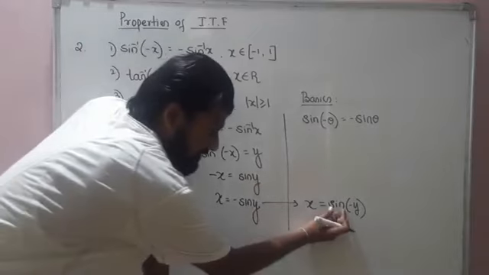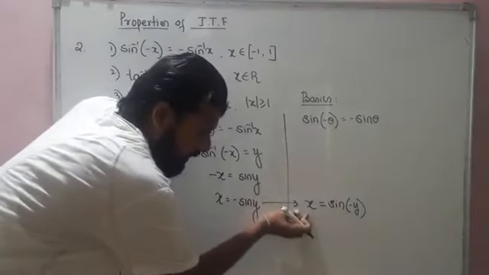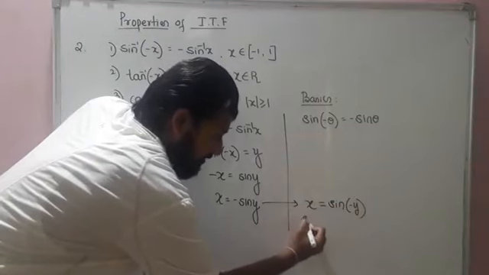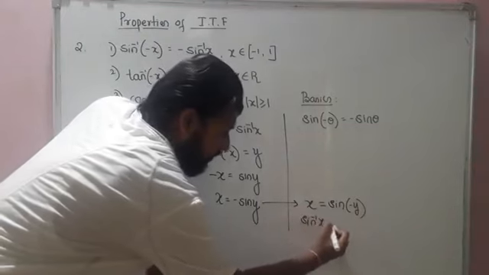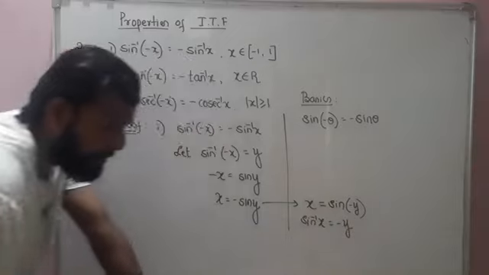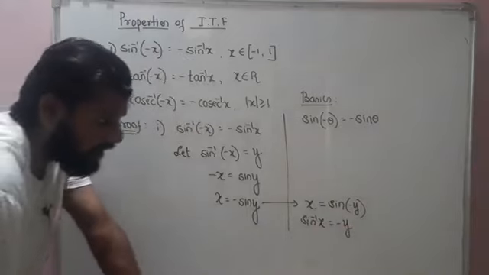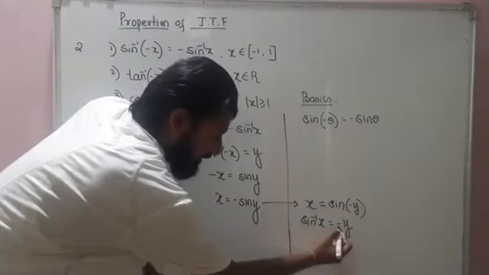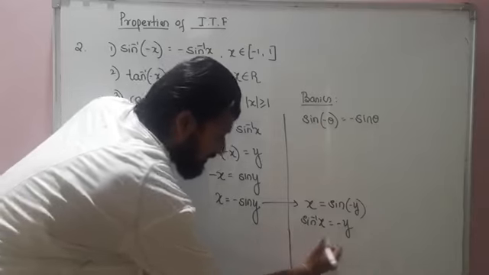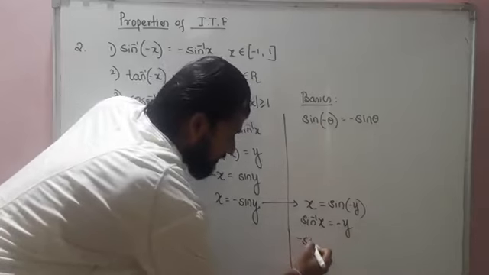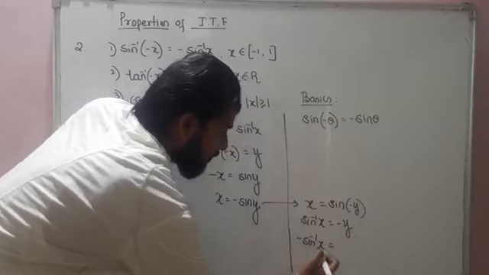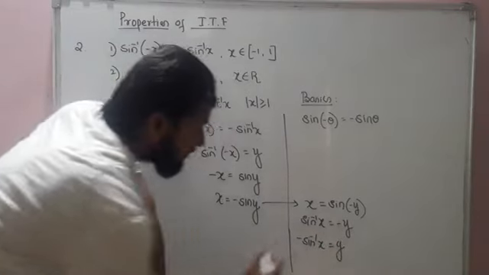Now I'll take this sine on this side. So sine comes this side, this will be sine inverse of x is equal to minus y, or let me take minus sign again back to this side. This is minus of sine inverse x is equal to y. Now what is y?